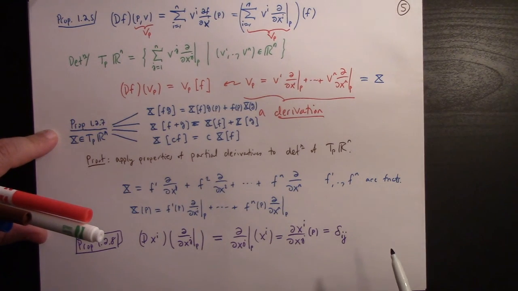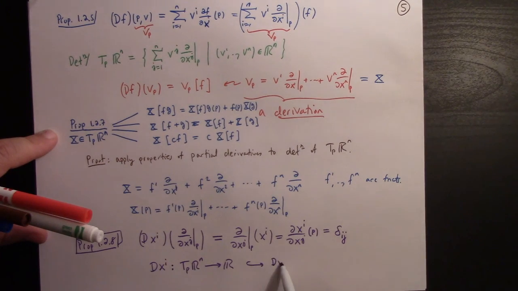And so what we find out is that, if you look at this, what is dx^i? Well, dx^i is a function. If you strip away and think about dx^i just on its own, it's really a function from TpRn to R. That means that dx^i is an element of the dual space to the tangent space of Rn.